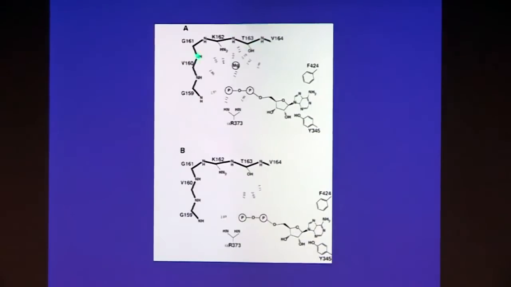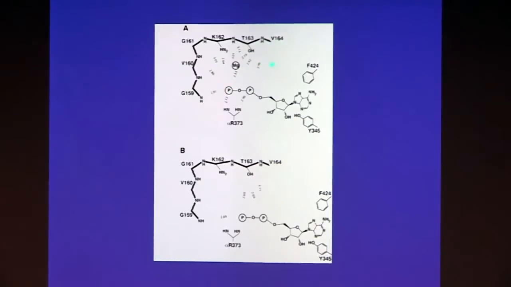And what we found in these structures we've determined recently is that if we compare the structure in the region where the magnesium is bound in the active state of the enzyme where catalysis has just occurred or is about to occur, the magnesium is coordinated and held in position here by this hydroxyl, which is on this threonine residue, which is part of the P-loop sequence or the A motif sequence, and by this phosphate.